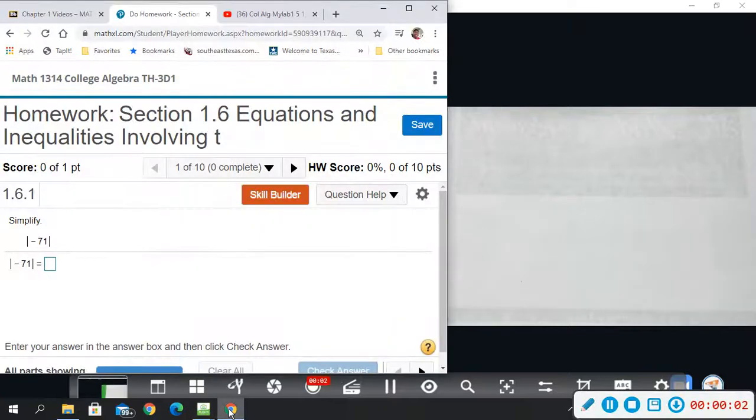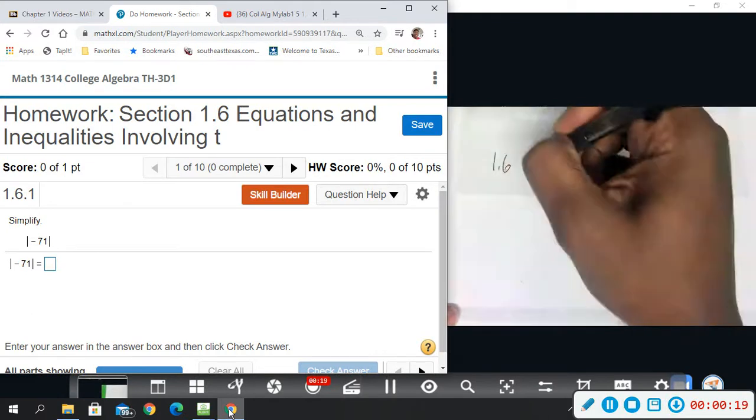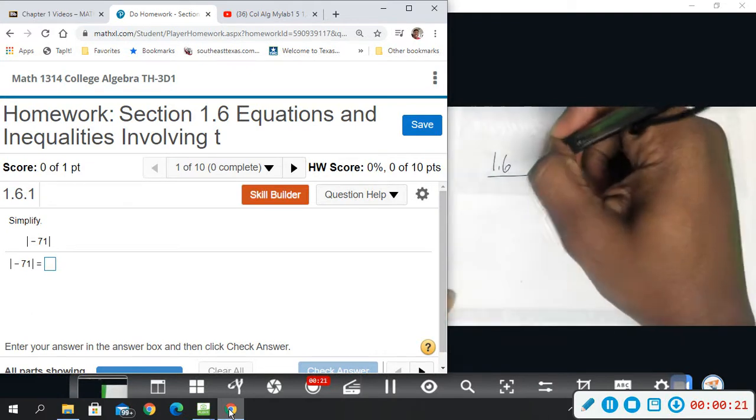All right, section 1.6, we're going to be going over equations involving absolute value. So when you see absolute value, it's just two vertical bars.